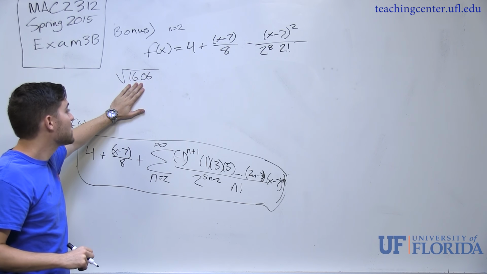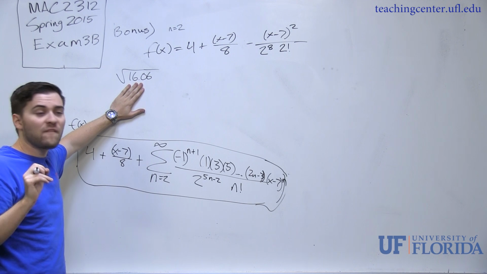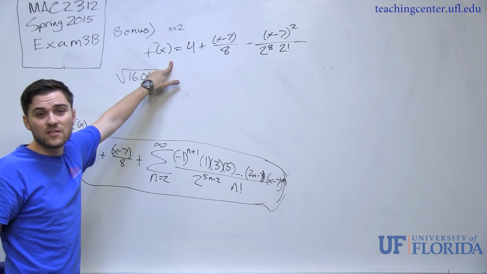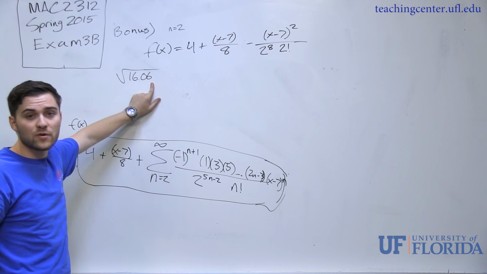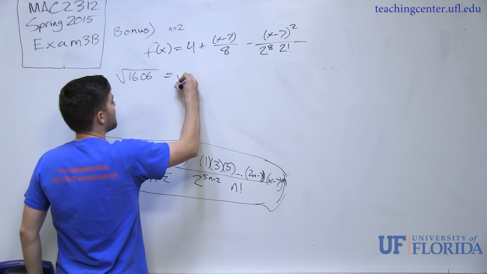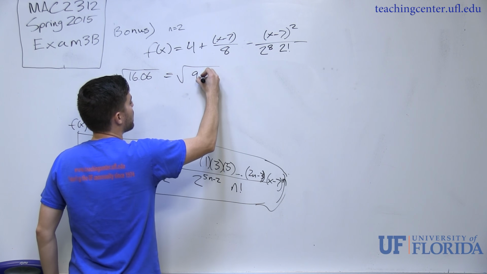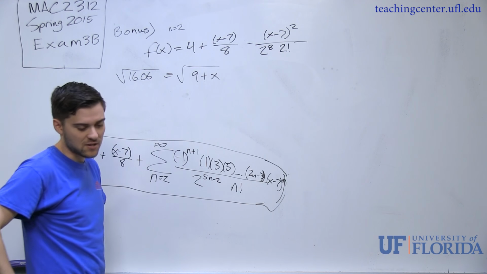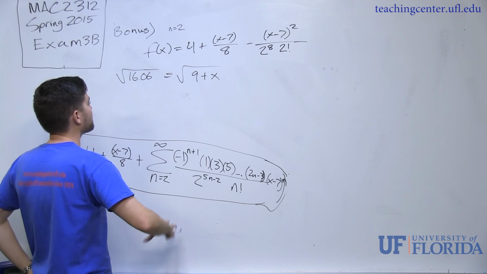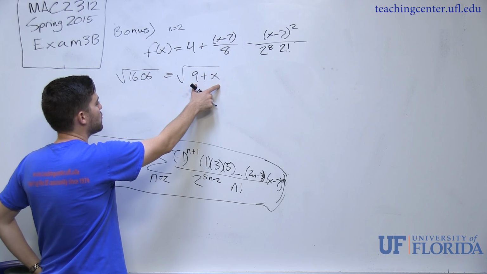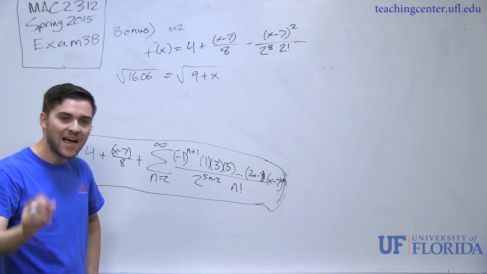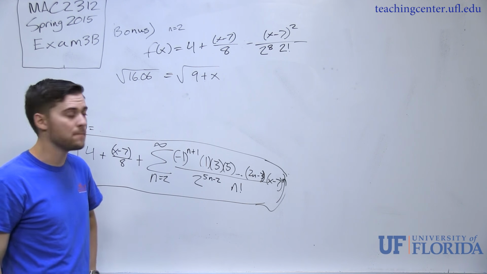So what I need to figure out is what x value I'm going to plug into this equation. I'm not plugging in square root of 16.06 because the function that it was based off of was square root of 9 plus x. So I need to figure out what x value will give me square root of 16.06. That's the x value that I want to plug in.